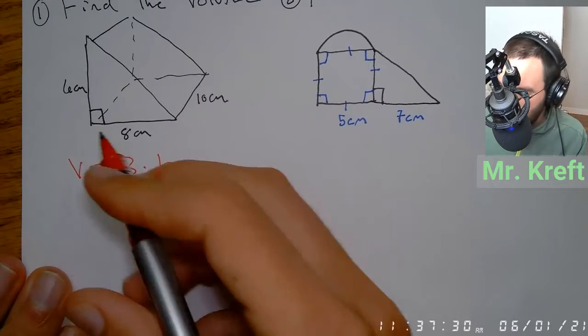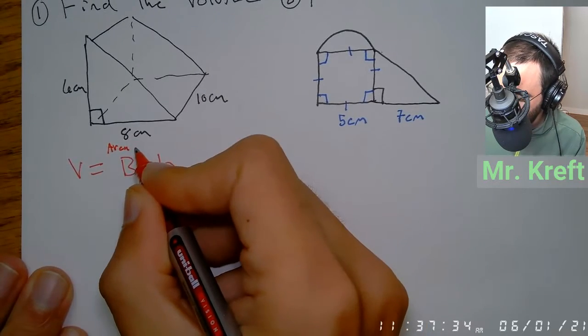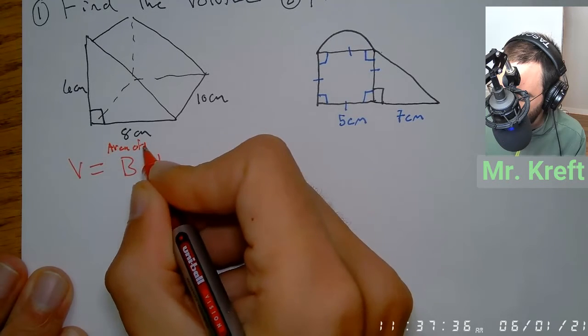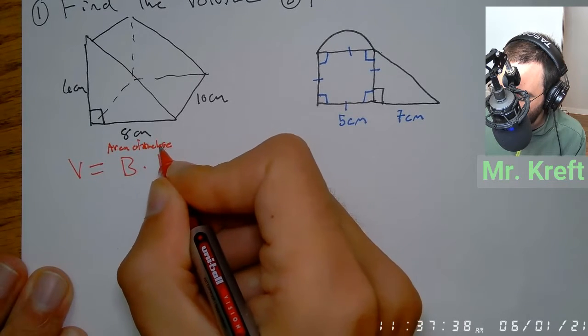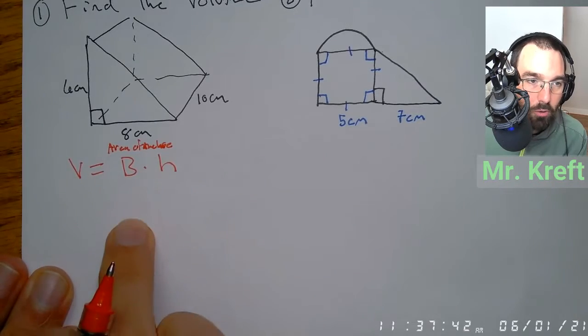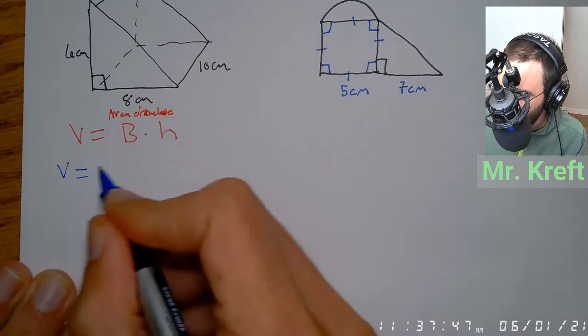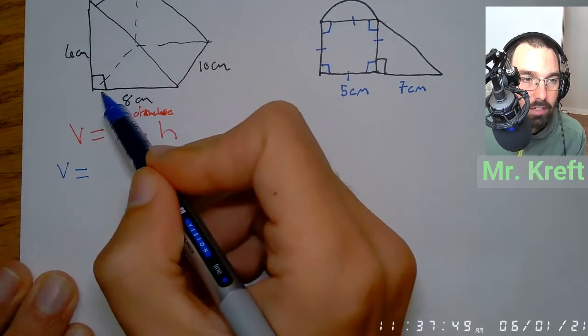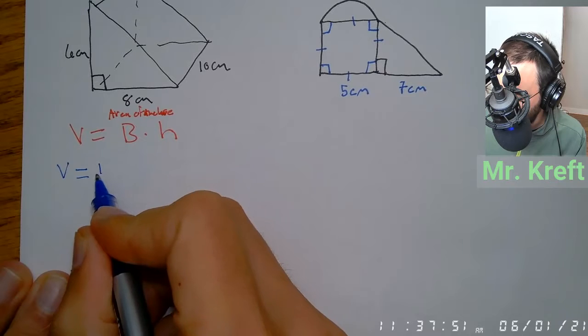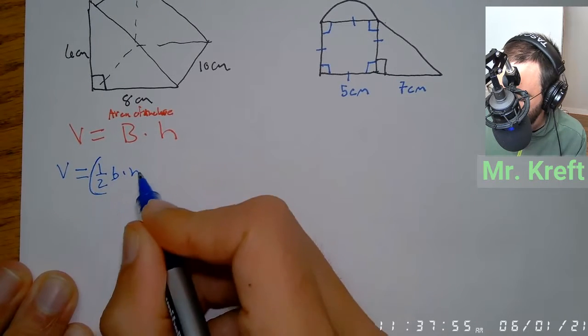So volume equals the area of the base, and we can't forget this, guys. The capital B is the area of the base, so we have to insert a formula for it. The base here is a triangle, so it's going to be 1/2 the base of my triangle times the height.